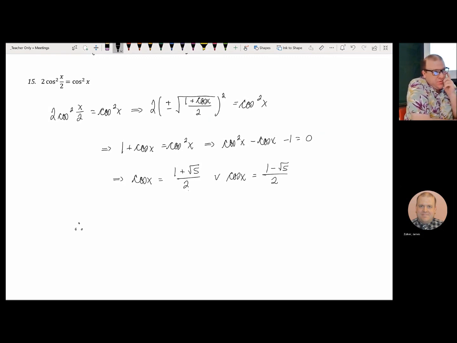One minus root 5 over 2. Cosine of that is going to be between 0 and 2 pi.